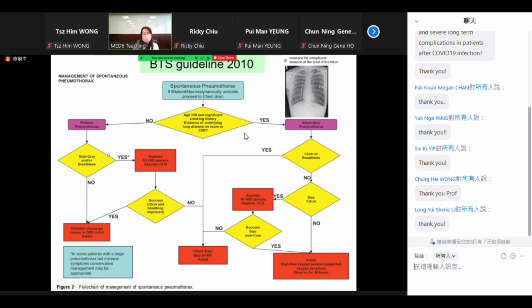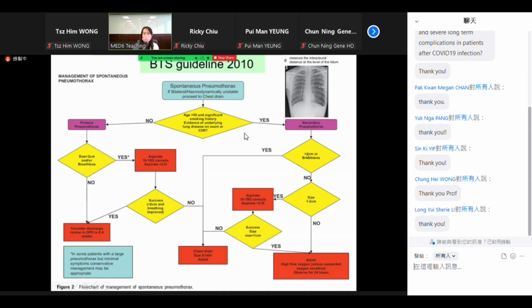The difference is that we can't discharge a patient with secondary pneumothorax anyway. If it's small without many symptoms, we still have to do something. We have to aspirate first, simple aspiration. If it is a success, then we should admit. We cannot discharge the patient. If it's not a success, then we go for chest drain.